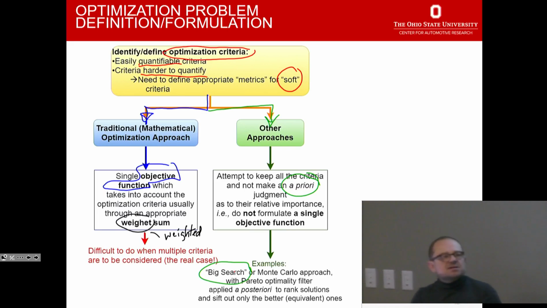I can do a big search. I will show this to you literally in 2 minutes. You can do a big search and calculate all the possible answers, and then you say, okay, let me compare in some fashion these answers to see which ones I like better. This process, instead of algorithmically giving you a single answer, here is my minimum, is going to cause you, the designer, to have to make some choices among trade-offs.